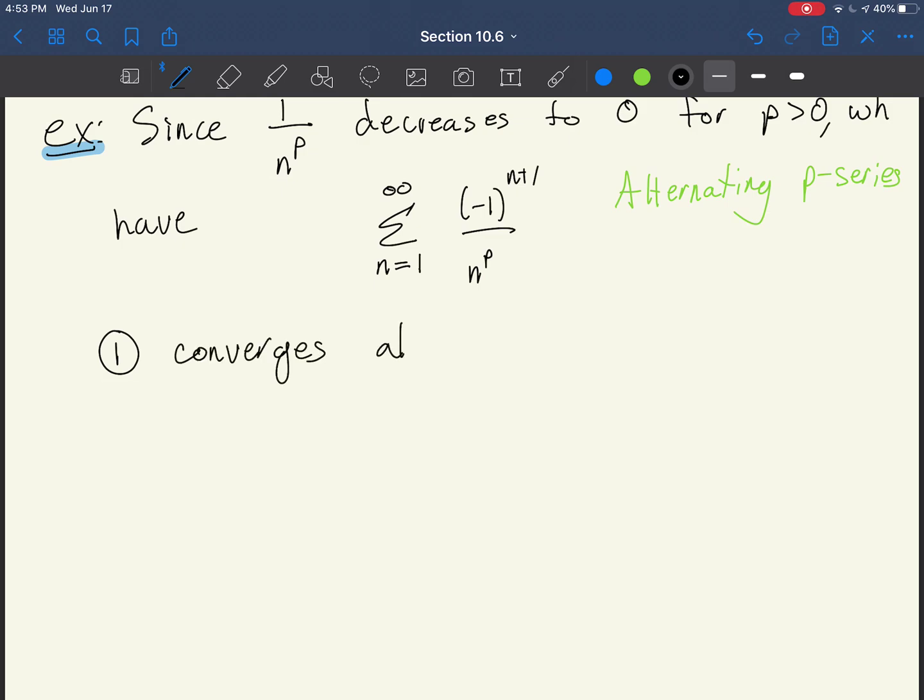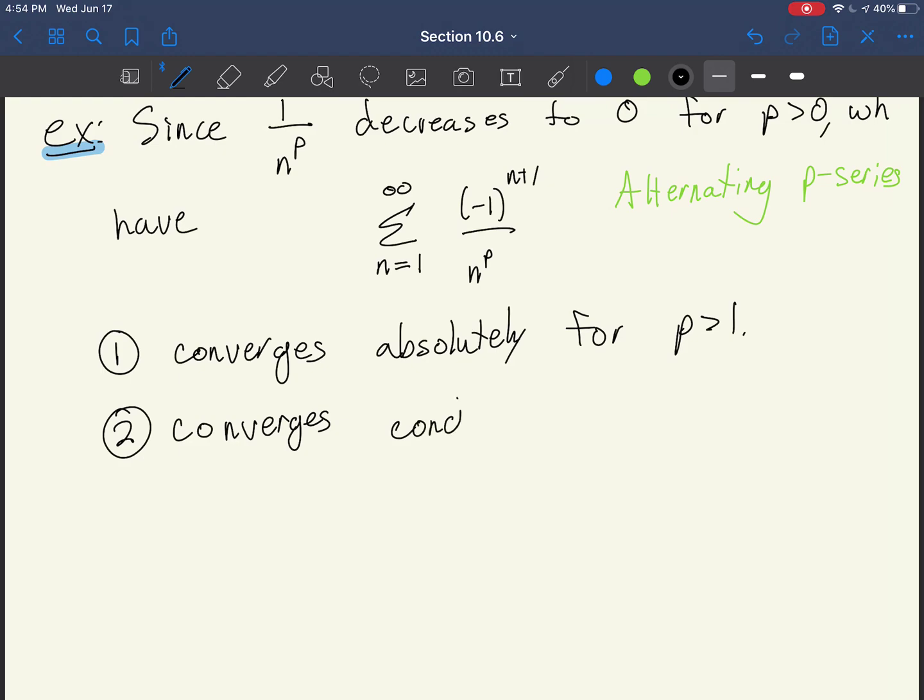First off, we have that this converges absolutely for p greater than 1. We know that if you strip away the negative sign, then we have the normal p series, and that converges. And second, unlike the normal p series, this also converges, in this case conditionally, for p between 0 and 1.